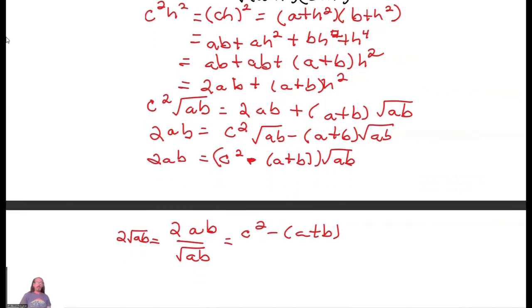Squaring on the left-hand side, for lack of a better word, distributing the squaring. 2 squared is 4, and square root of ab squared will be ab. And now we have to worry about squaring c squared minus the quantity a plus b.